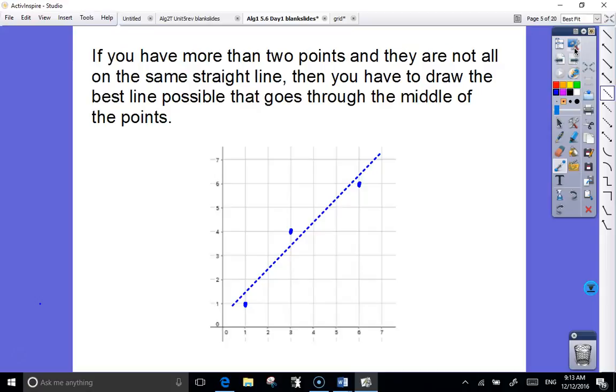Now if you plotted those points on graph paper, and John drew his best line through those points, and Felicity drew her best line through her three points, and everybody did the same thing, we wouldn't all have the same line. We would have a line, but it wouldn't necessarily be the best line that goes through those points. So a lot of what we're trying to do is, how do you come up with the best line that goes through those points?